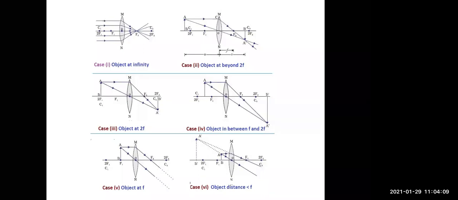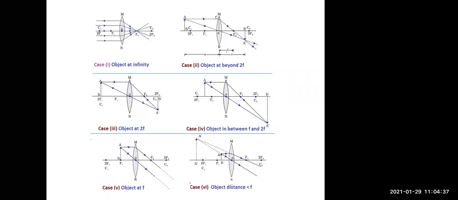That intersection will happen somewhere at a far distance. So that's why we will write the position of the image at infinity, because the intersection on the paper is not possible. It will intersect at a far away distance.